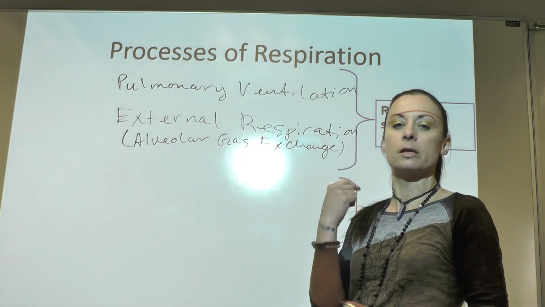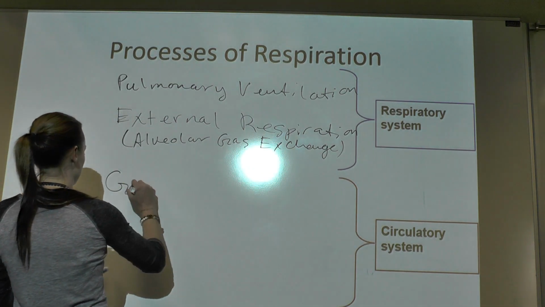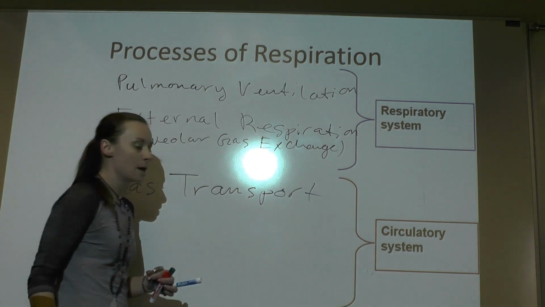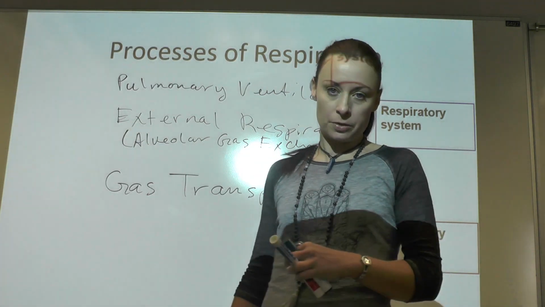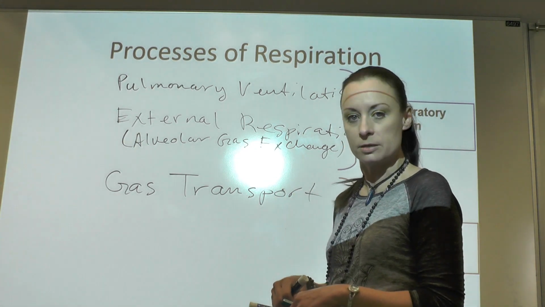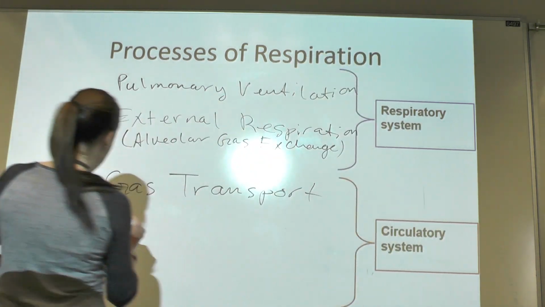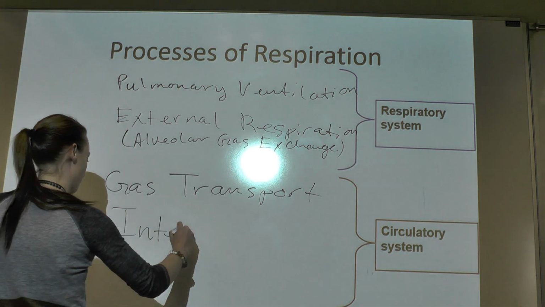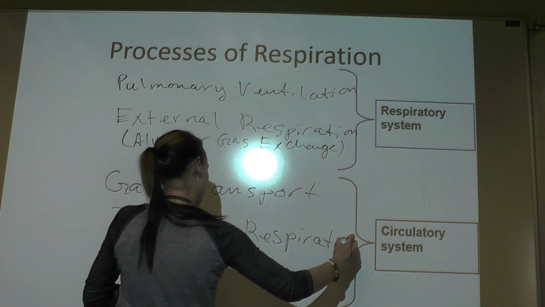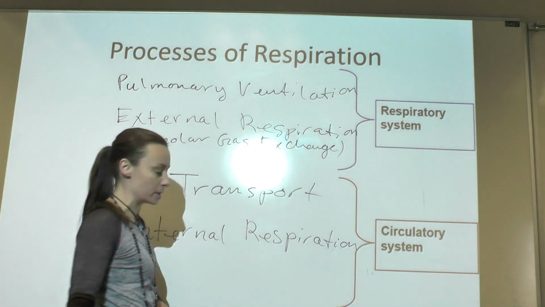So gas transport is the third process in respiration, and it's handled by the circulatory system. And then when we get to the level of the tissues and we exchange oxygen and CO2 at the tissue level, we call that internal respiration or tissue gas exchange or systemic gas exchange. And this is happening at the level of the capillaries, which is why it's a function of the circulatory system.